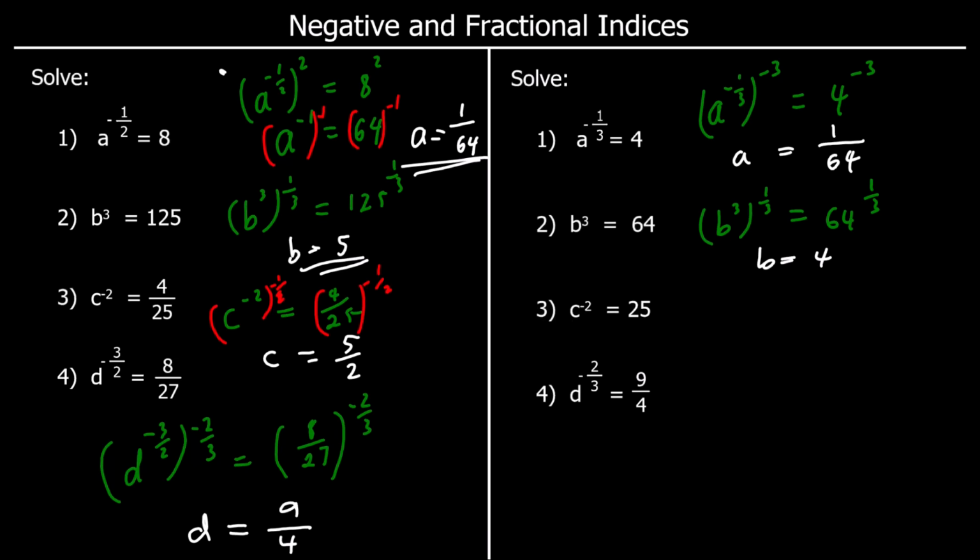Number 3, c to the power of -2 is 25. So we need both sides to the power of -1/2. So square root is 5, flip, 1/5. And d to the power of -2/3 is 9 over 4.